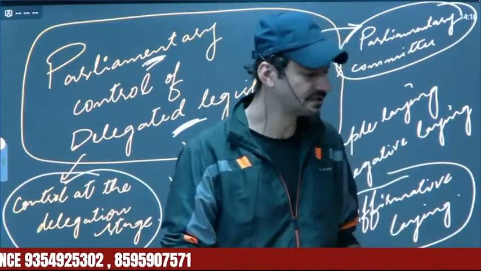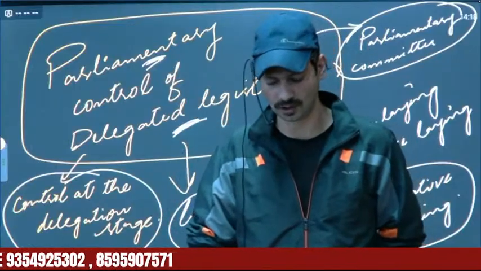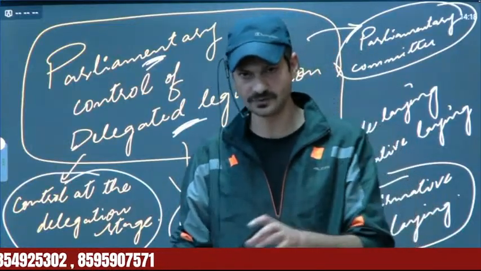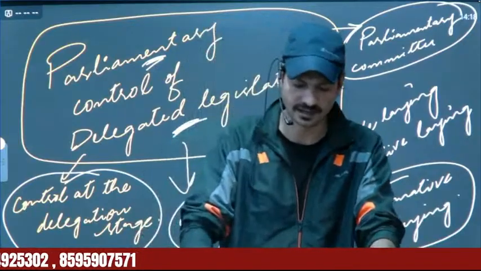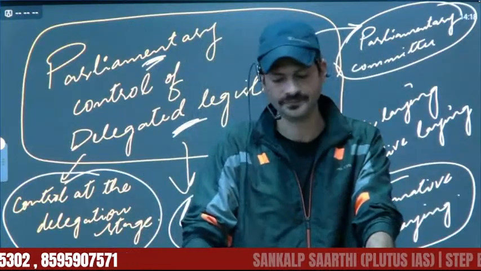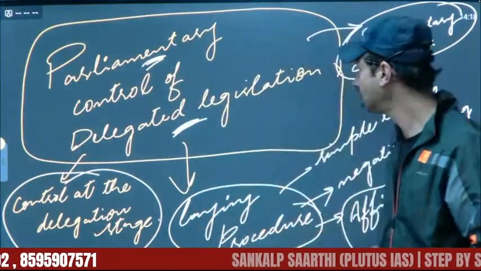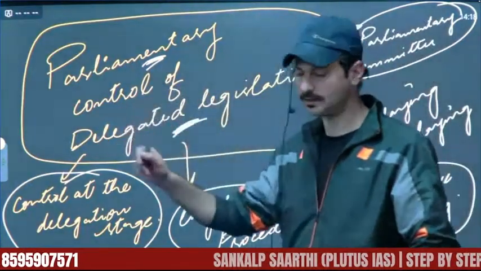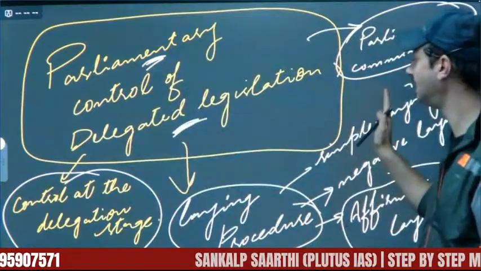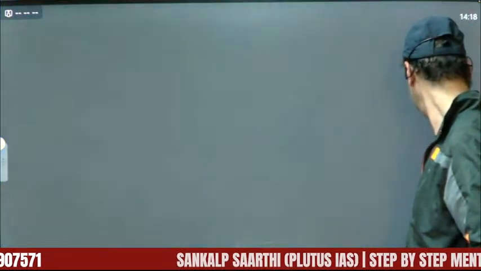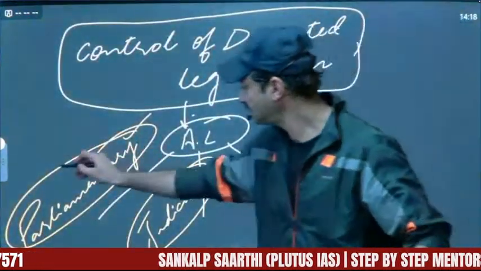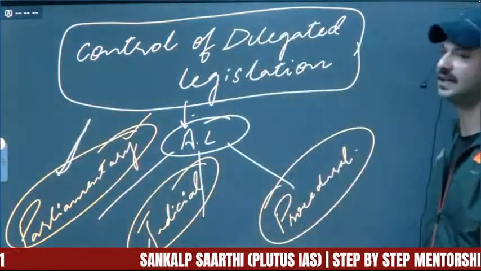These committees play a very important role in ensuring that administrative rulemaking is very accountable to the Parliament. Okay. Now, there's another control. So this was the parliamentary control of delegated legislation.